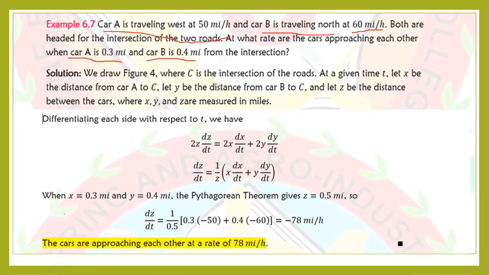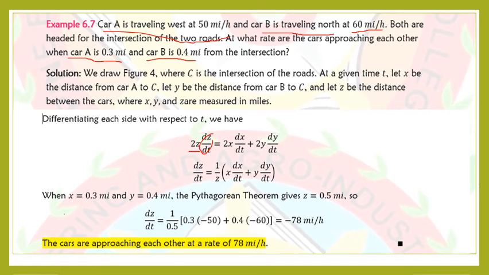So, i-differentiate natin each side with respect to t. So, derivative of z squared is 2z, with respect to t, so that's 2z dz over dt. Derivative ni x squared is 2x, with respect to t, dx over dt. And then, the same with y. Derivative ni y squared is 2y, dy over dt.